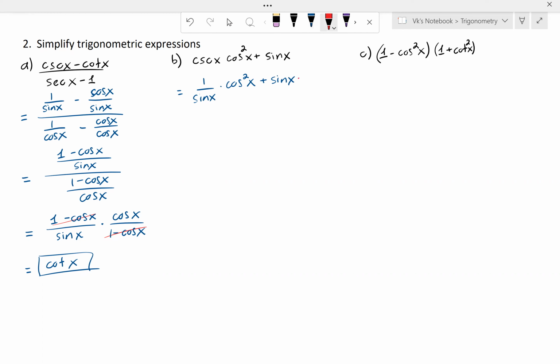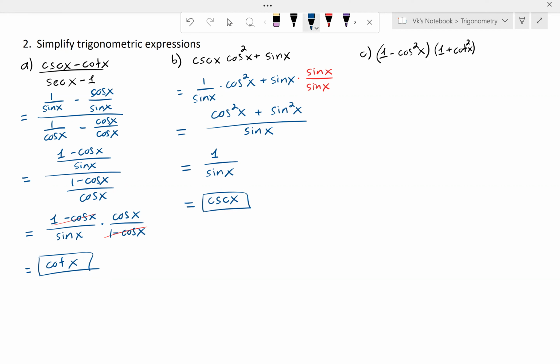Get the common denominator, so multiply sine by sine x over sine x. And from there, we have cosine squared plus sine squared over the common denominator, sine x. Cosine squared plus sine squared is 1, Pythagorean identity. 1 over sine x, 1 over sine is cosecant. Very cool.